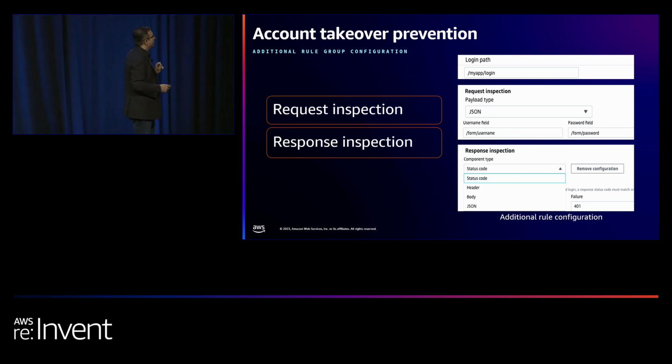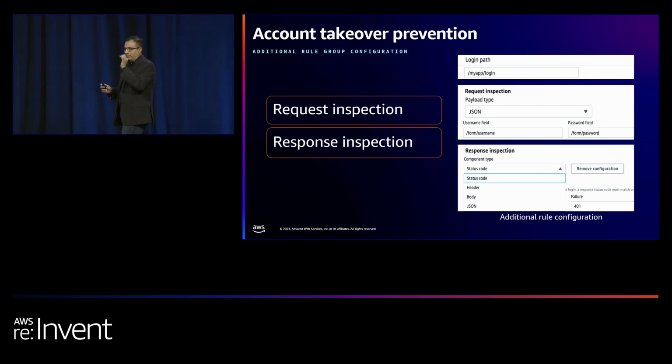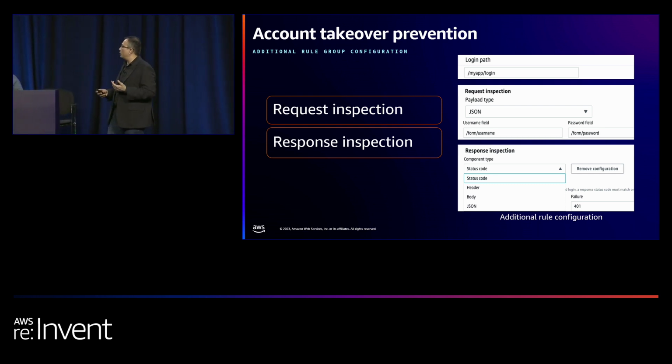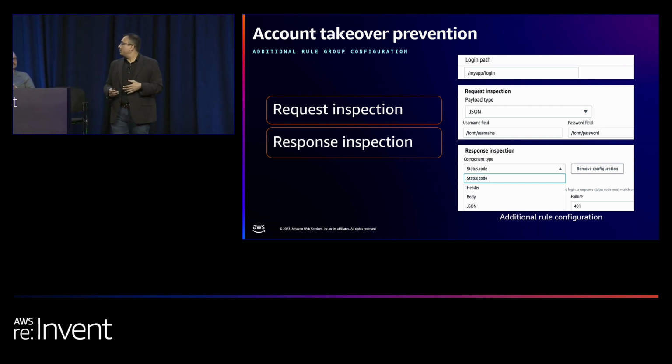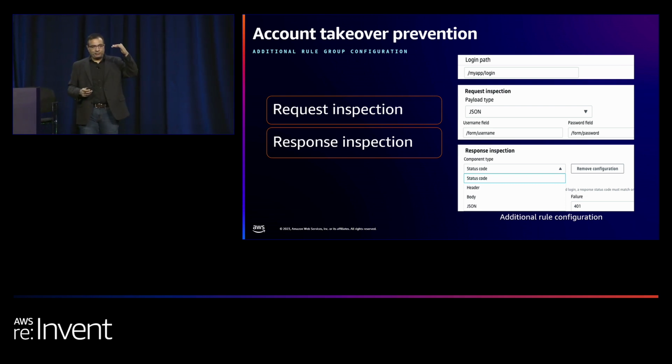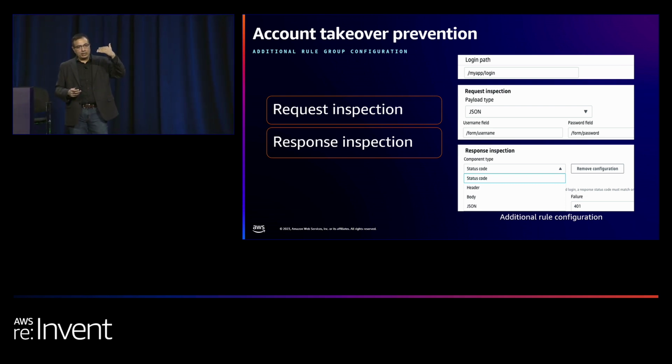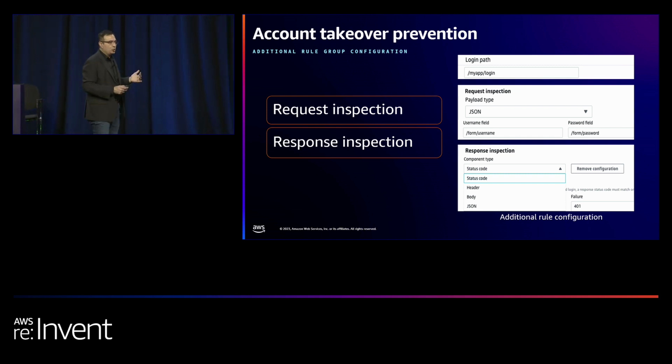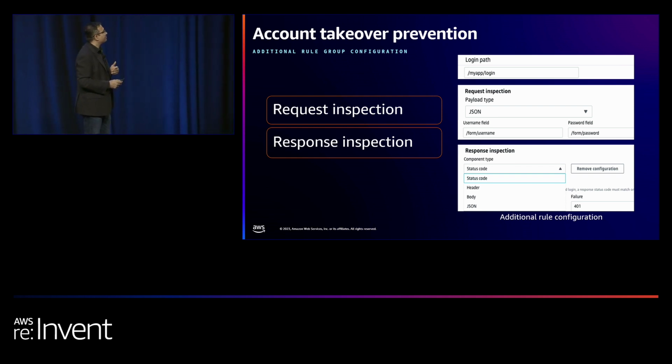In response inspection, you tell us what is a valid response versus what's not a valid response, so a successful login versus a failed login. That could be a status code, a header, or the body. AWS WAF looks at both the incoming request as well as outgoing responses from the origin to determine whether these are normal users or somebody is trying to do something malicious, such as brute force or credential stuffing attacks.